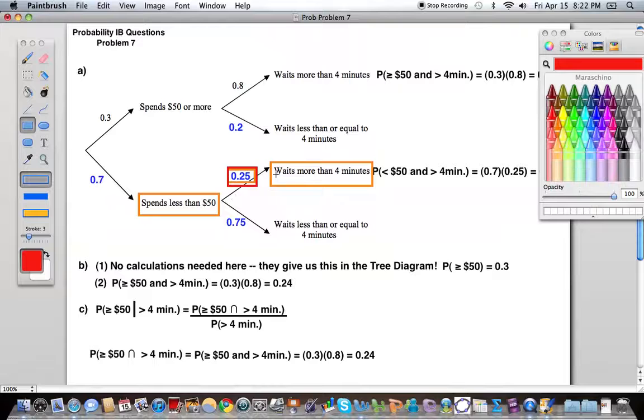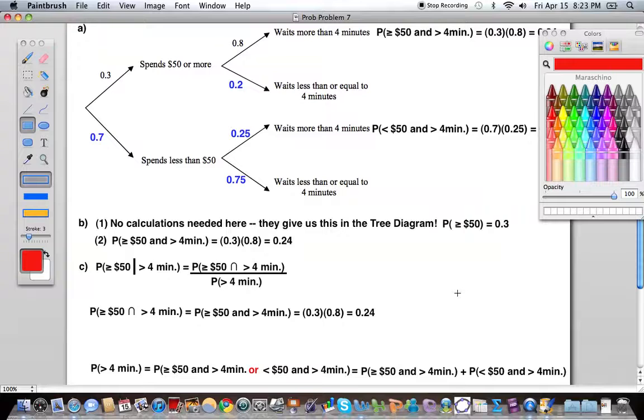They gave us the probability that we wait more than 4 minutes. We can find the probability that they wait less than or equal to 4 minutes, 1 minus 0.25. And then they give us 8/10, so we can find this, 3/10, so we can find this probability, and so on. We just fill out our tree diagram.